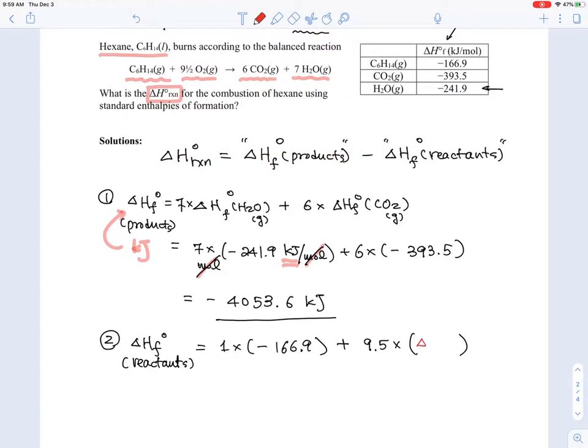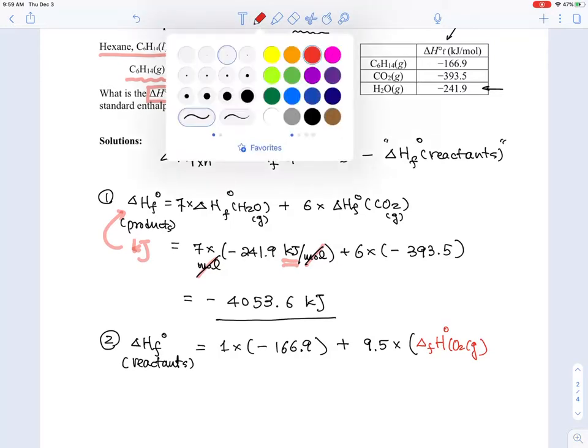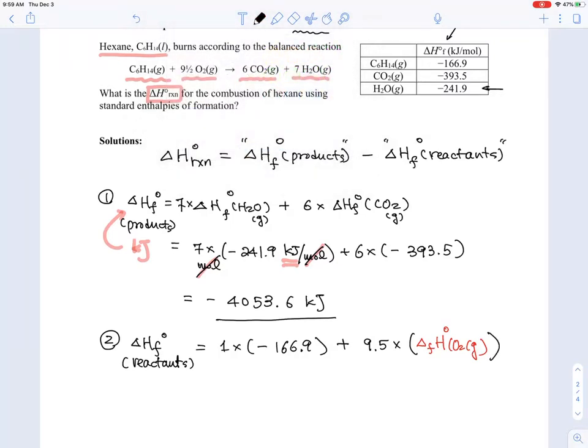So delta H formation for O2 gas, right? I need that information, and then wait a minute, where do I have that information? This is not clearly emphasized, so let me write it clearly.